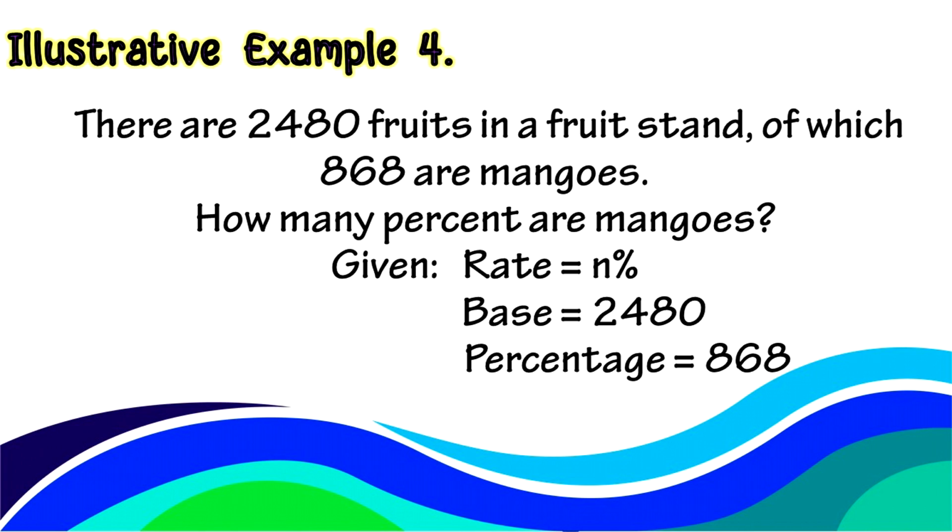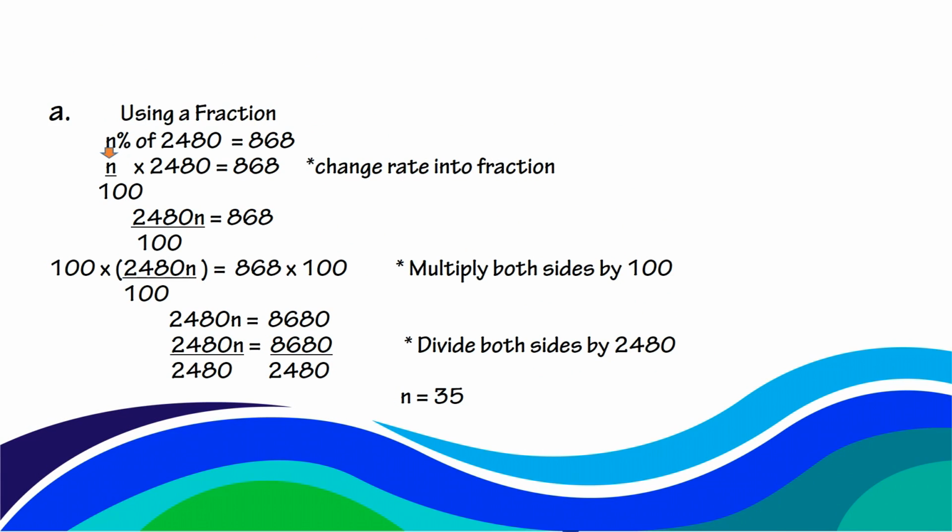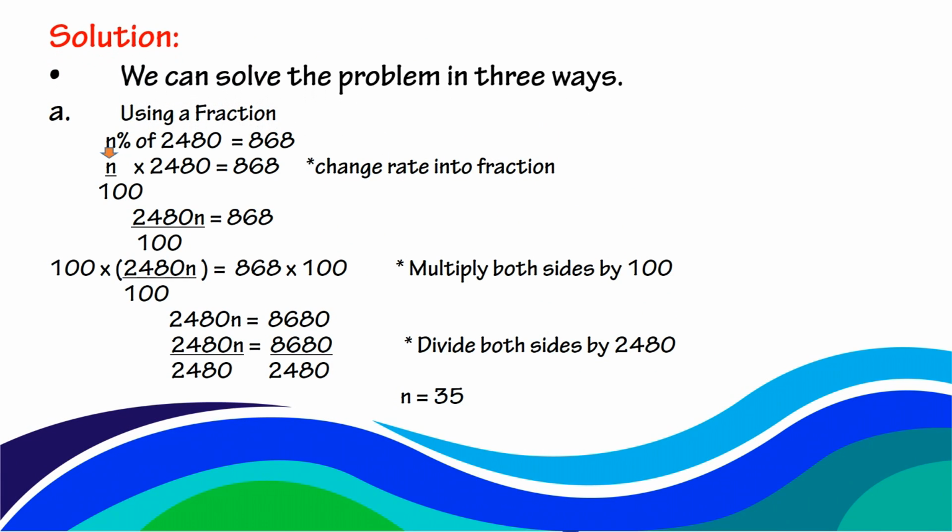Our solution: we will do it in three ways. Using a fraction, n over 100 multiplied by 2,480 equals 868.